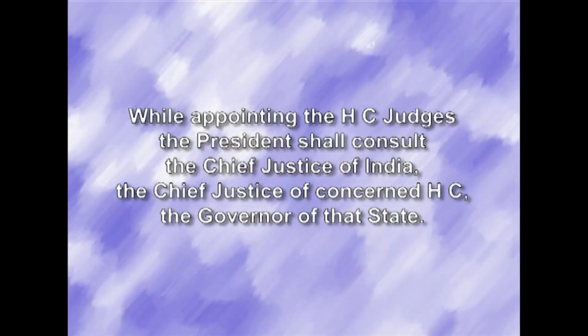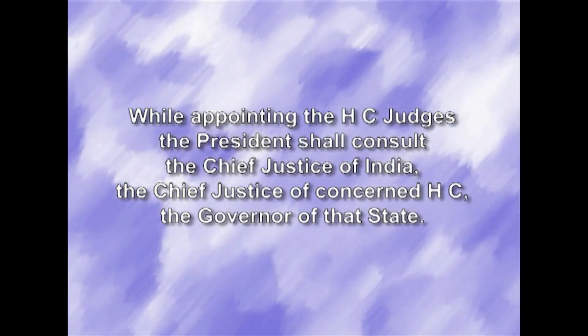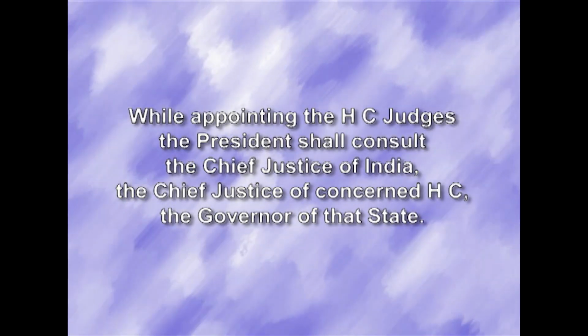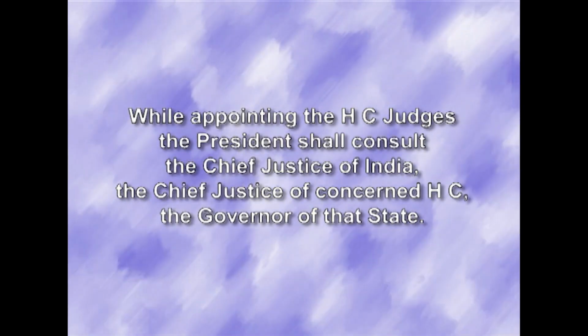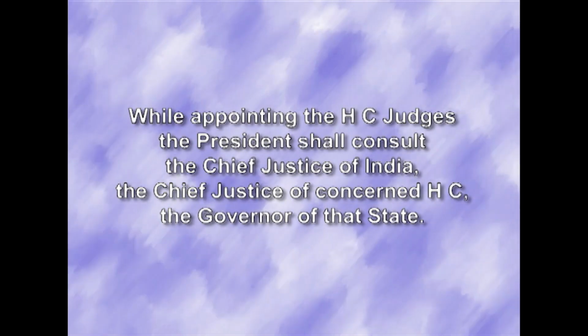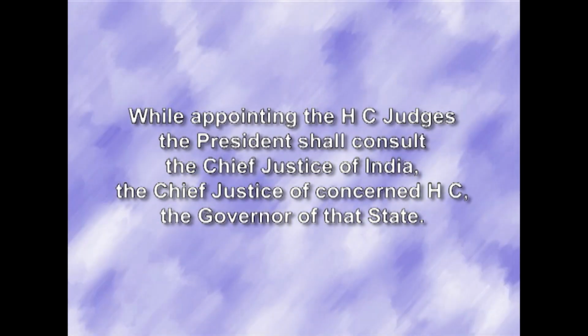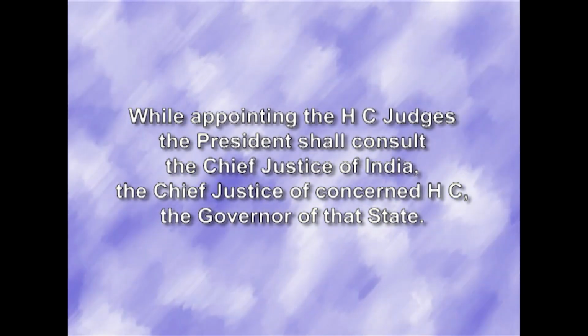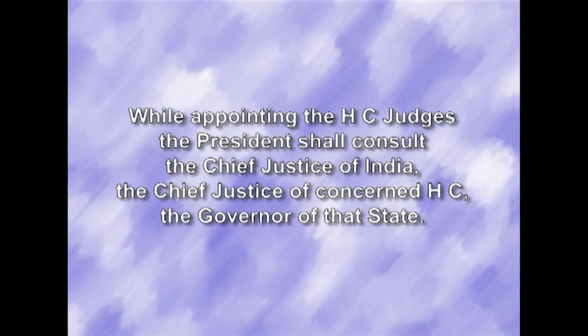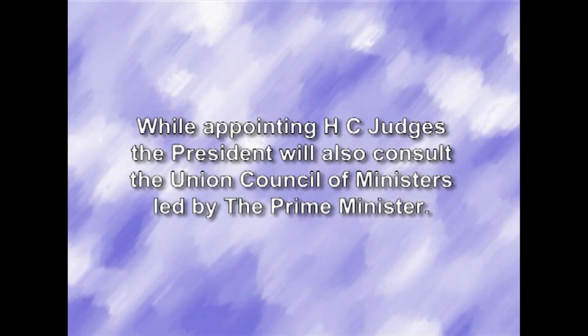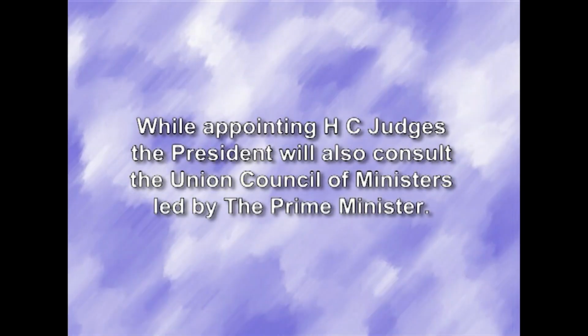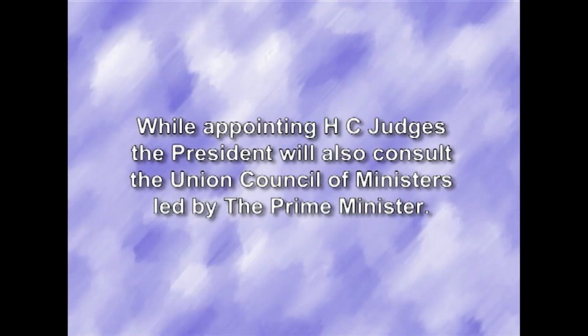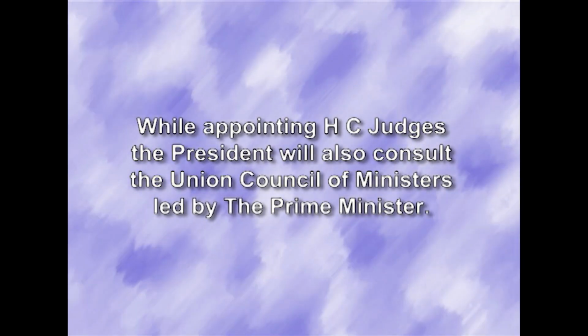Constitution says that while appointing High Court judges, the President shall consult the Chief Justice of India, the Chief Justice of the concerned High Court, the Governor of the concerned state. What is not laid down in this Article 217, that the President will also consult Union Council of Ministers led by the Prime Minister.